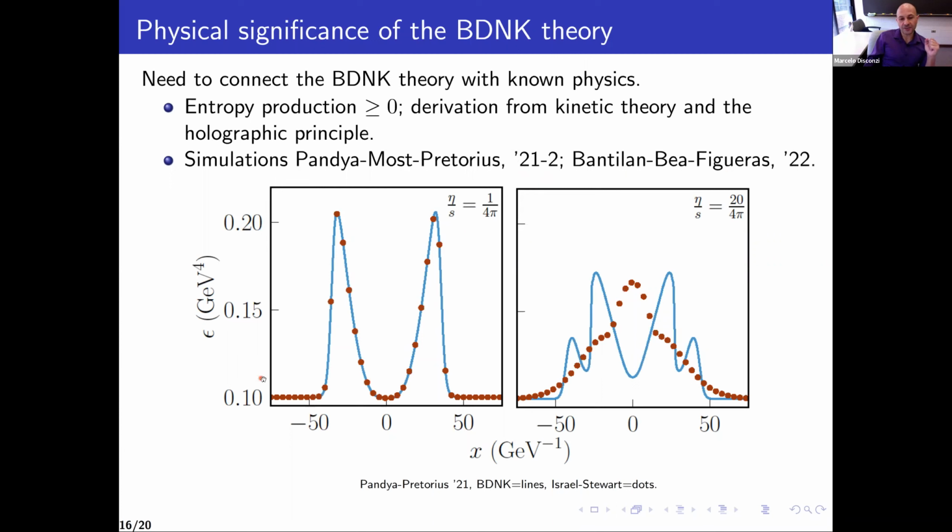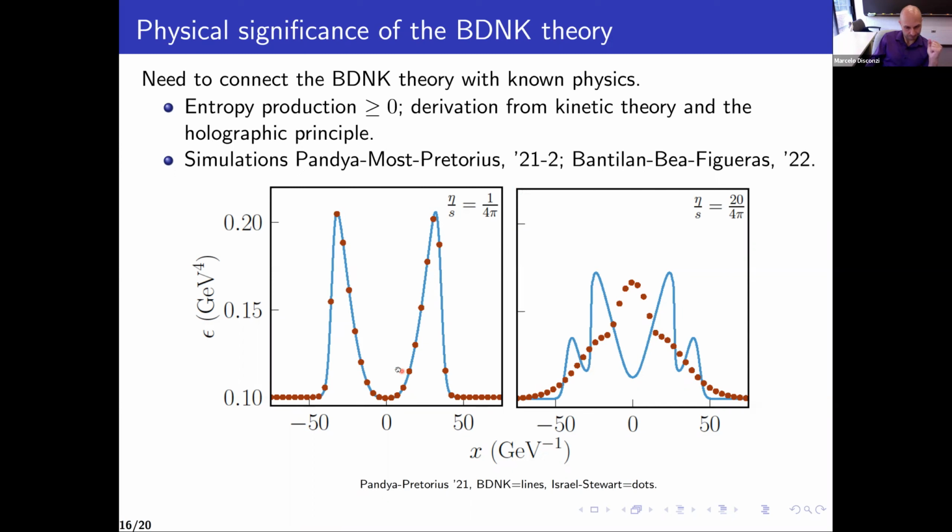So here is a snapshot of a simulation. Here I'm showing the density for a conformal fluid in one dimension. The solid curves are the BDNK theory, and the dots are Israel-Stewart. In the first plot, for small viscosity, BDNK and Israel-Stewart basically give you the same result.